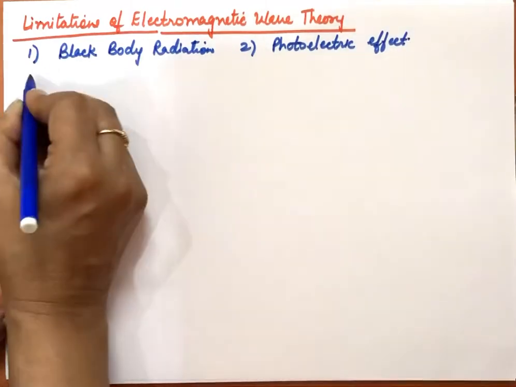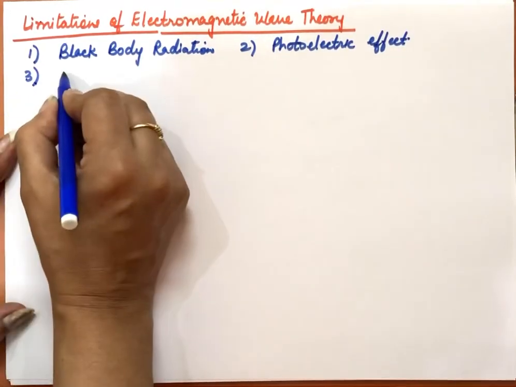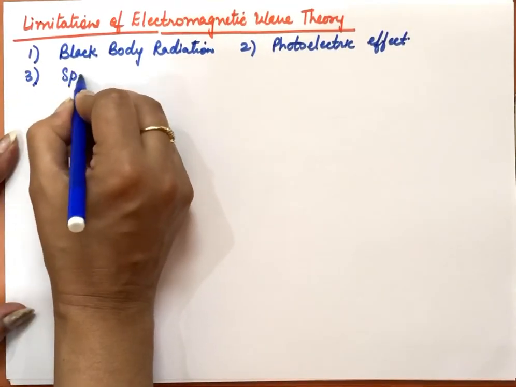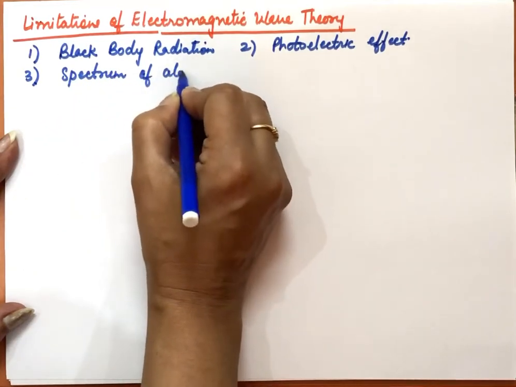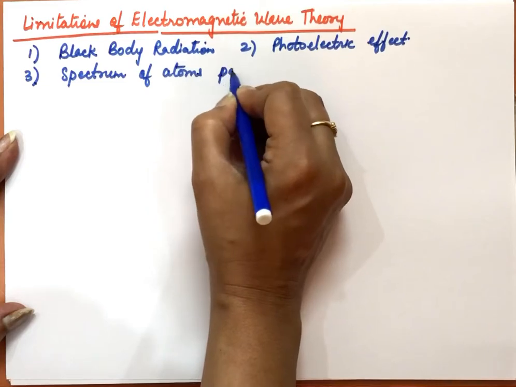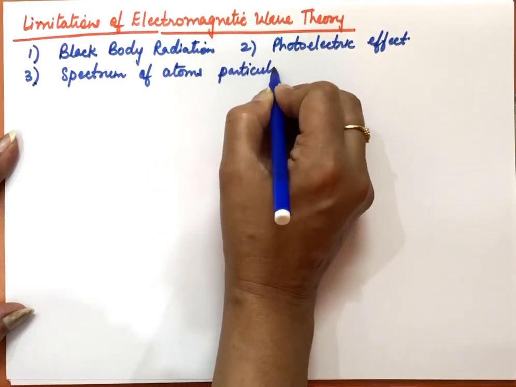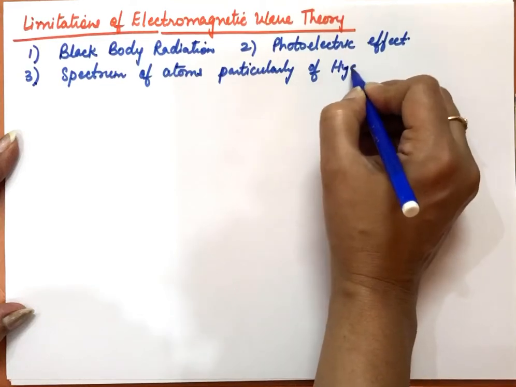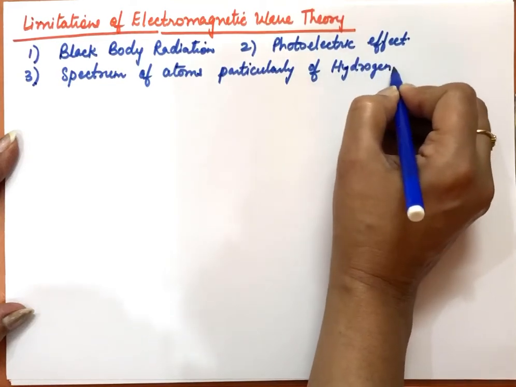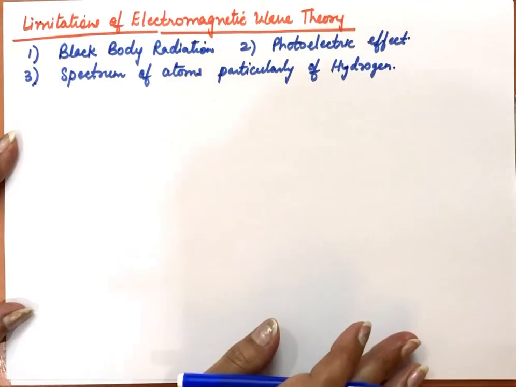And the third problem in this theory was it could not explain the spectrum of atoms, particularly of hydrogen atom. So now one by one we'll cover all these 3 points.